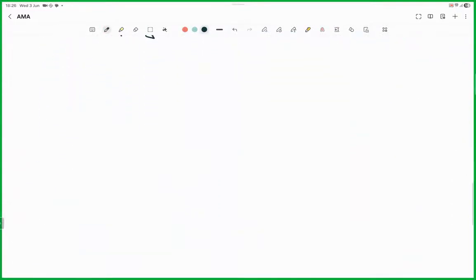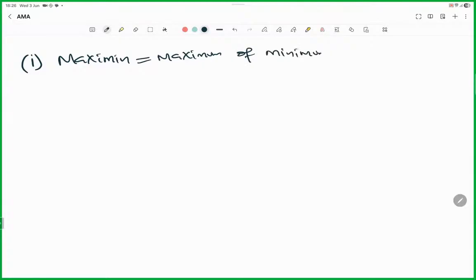Now we go to number 1, which is what here somebody, maxi who? Maxi min. So this is maximum of minimums. Maximum of minimums.